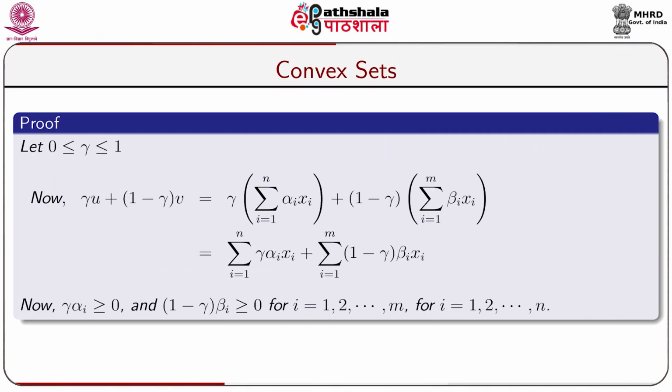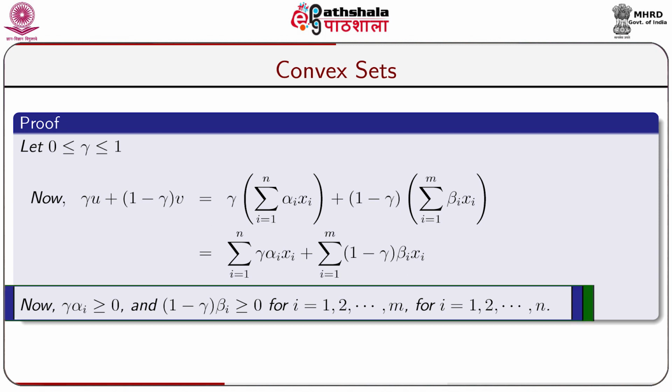Let 0 less than or equal to gamma less than or equal to 1. So, gamma u plus 1 minus gamma into v is equal to gamma into sigma i equal to 1 to n alpha i xi plus 1 minus gamma into sigma i equal to 1 to m beta i xi, because u is equal to sigma i equal to 1 to n alpha i xi and v is equal to sigma i equal to 1 to m beta i xi, which on simplification we get sigma i equal to 1 to n gamma alpha i xi plus sigma i equal to 1 to m 1 minus gamma into beta i xi.